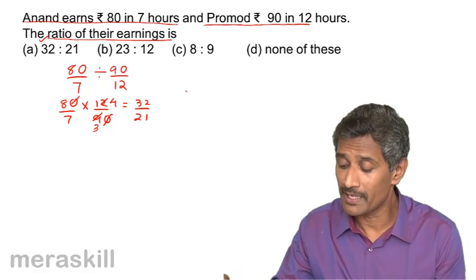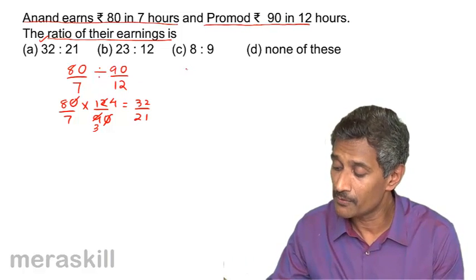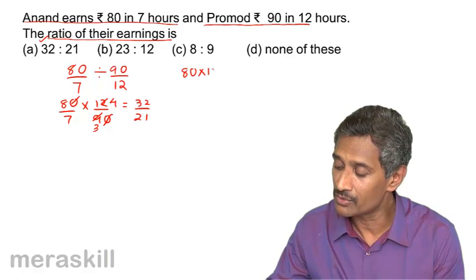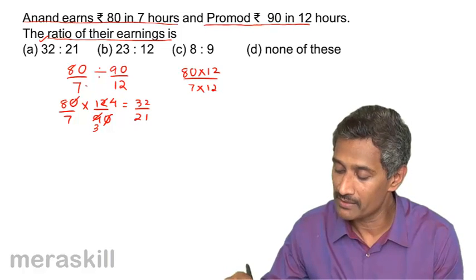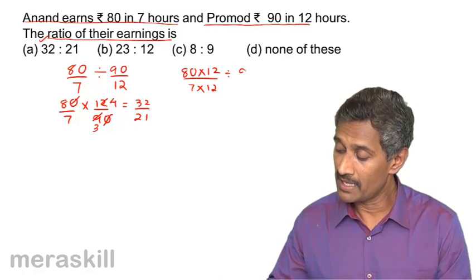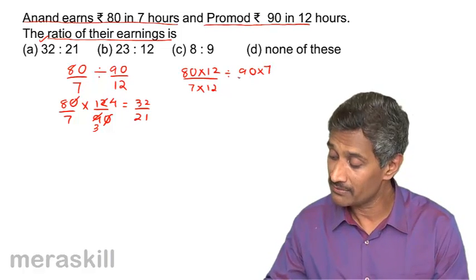We can even do it another way. We can do 7 and 12. Their LCM is 84. We can even say 80 into 12 upon 7 into 12, because you want to make this 84, divided by 90 into 7 upon 12 into 7. So this has to be multiplied by 7 too.